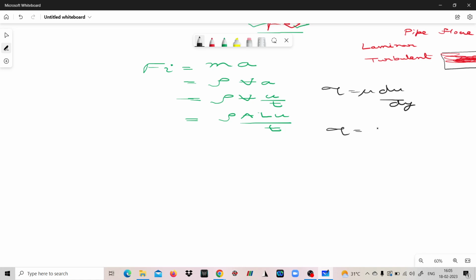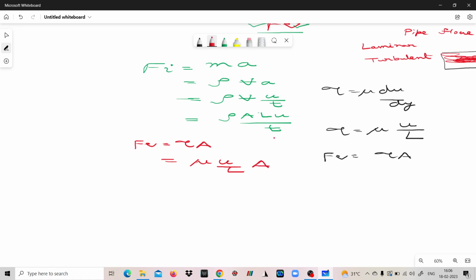Dimensionally, I can write this as mu, with du being some velocity and dy being some length, so tau is mu u by L. But if we want the viscous force, the viscous force Fv is tau into some area. So tau is mu u by L, into A.